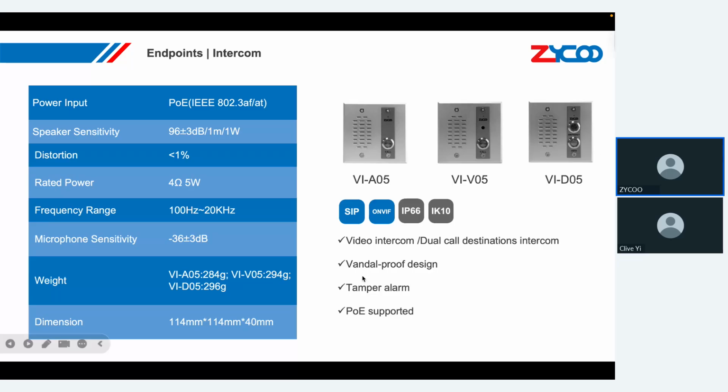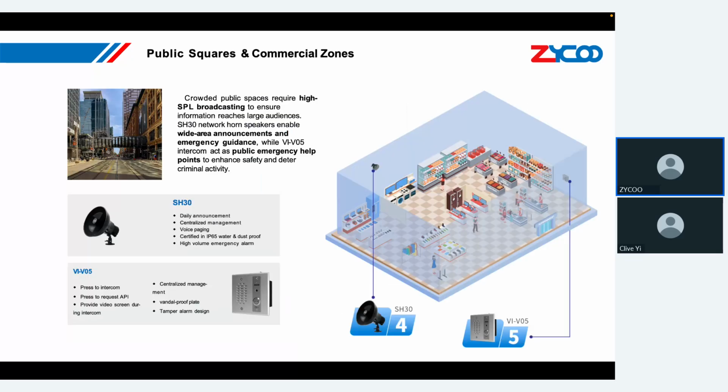And tamper alarm, for this one, it means it has a tamper alarm design. So if someone wants to forcefully remove this device, it can trigger a call or an alarm. You can set whether to trigger a call or a sound alarm based on your needs, and they are PoE supported.